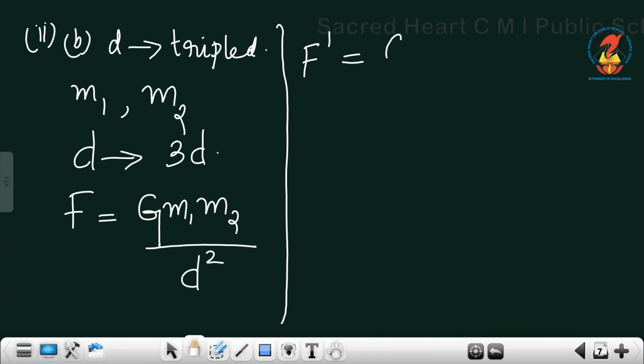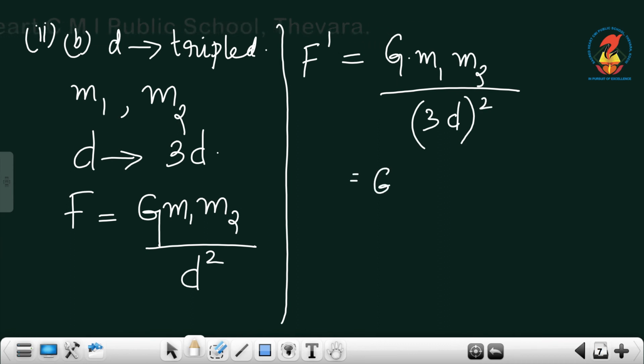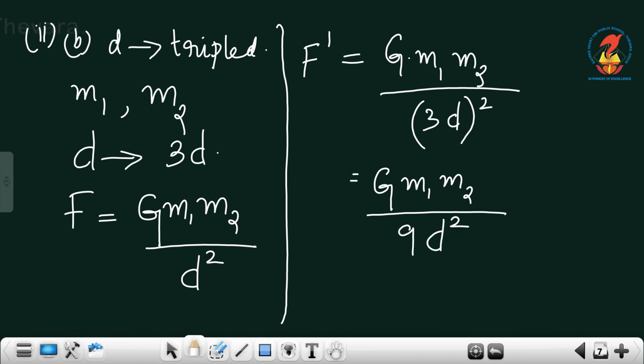F dash is G into m1 m2 by, instead of d it is tripled. So instead of d, let us substitute 3d the whole square. That is equal to G m1 m2 by 3d the whole square, 3 square is 9, 9d square.